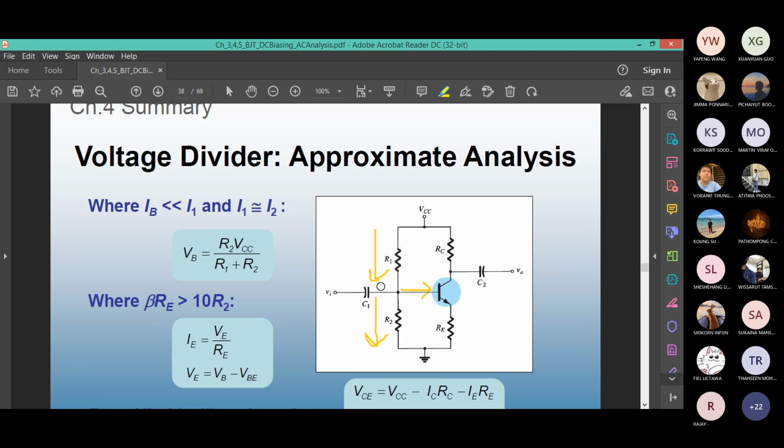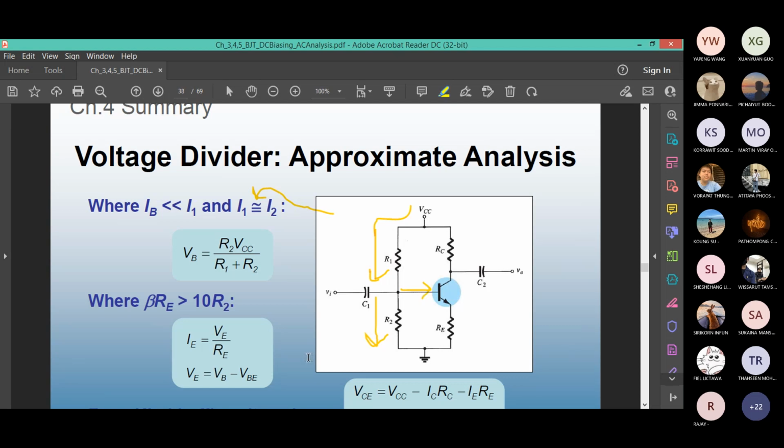When IB is so small that it is almost negligible compared to I1, which means all the current coming from the source, just a tiny bit is going to IB, but the rest goes to R2, you can approximate I1 and I2 as the same current, only a little bit of loss from the base current.